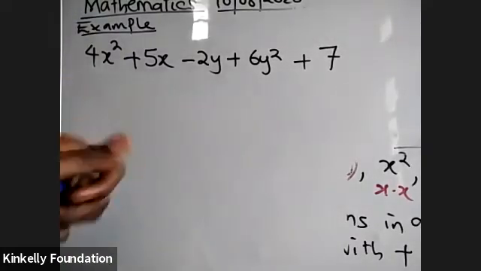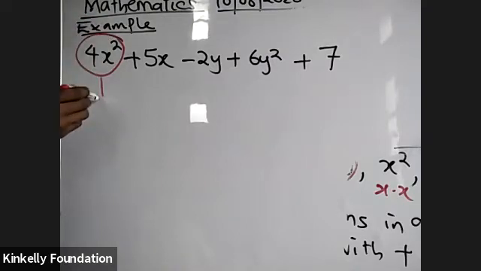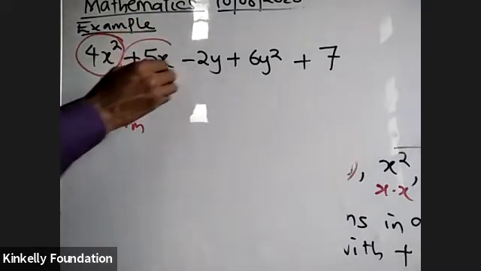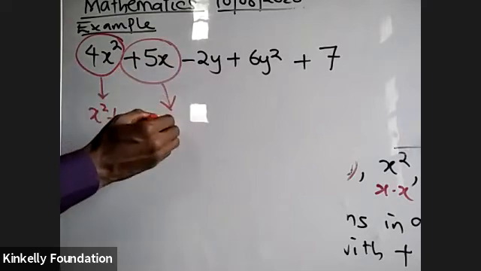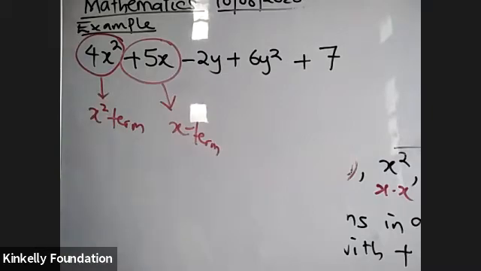Now, remember, we just talked about terms in algebra. Look at this now. This one is a term in s. This is the s squared term. This one is a term in x. This is a term in x.